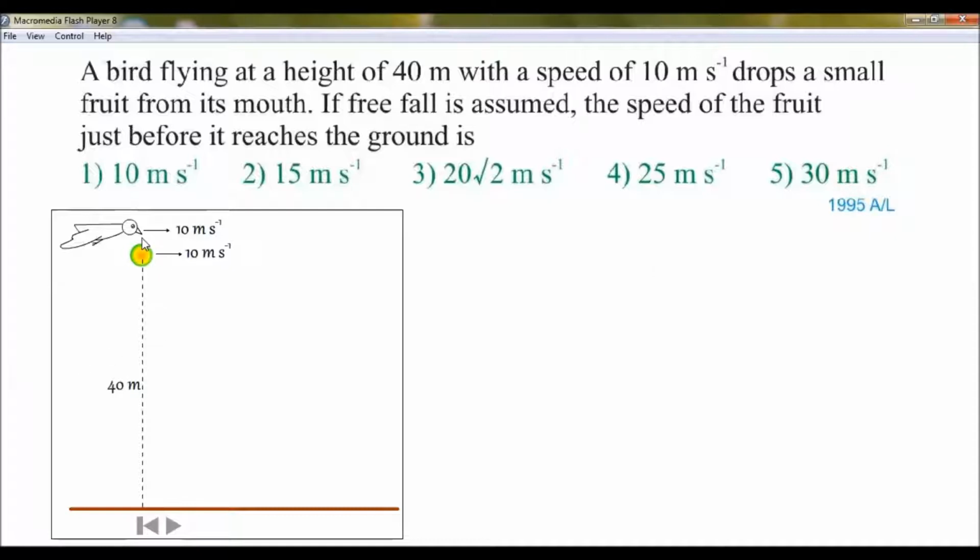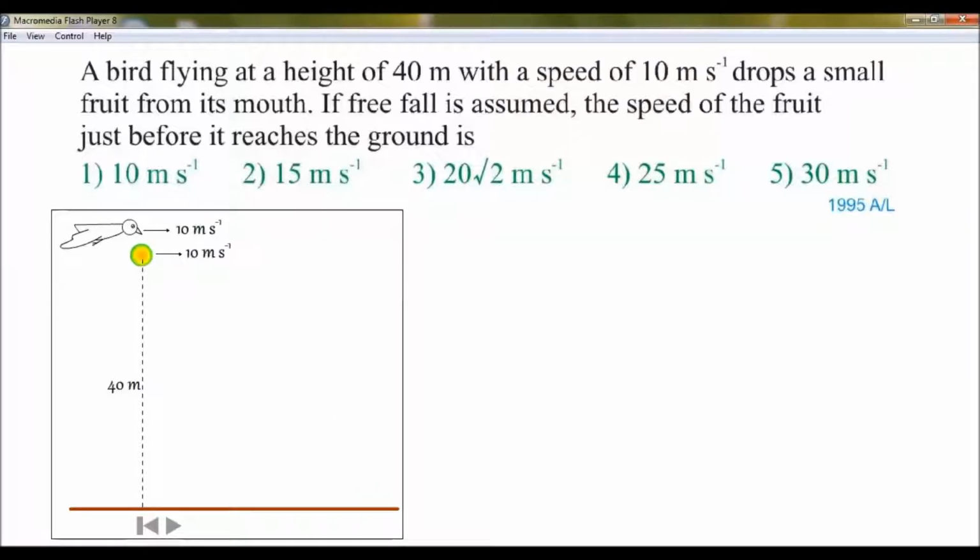Here, when the bird is moving at 10 meters per second, it releases this fruit. You can see in this animation that when it is released, it has 0 vertical velocity component, and the horizontal component of the fruit is 10 meters per second.